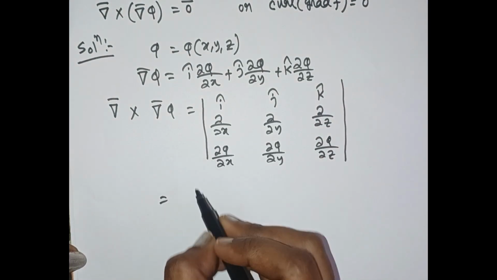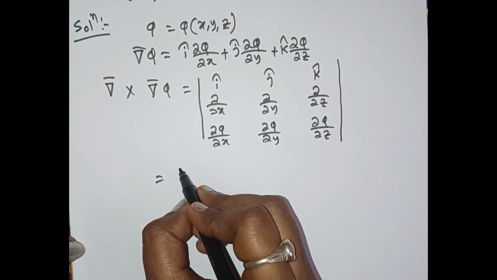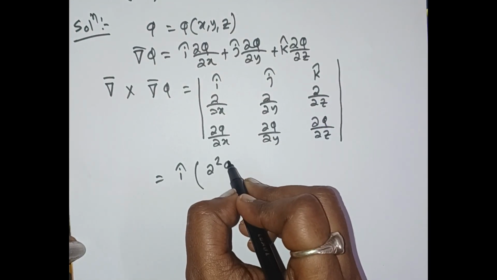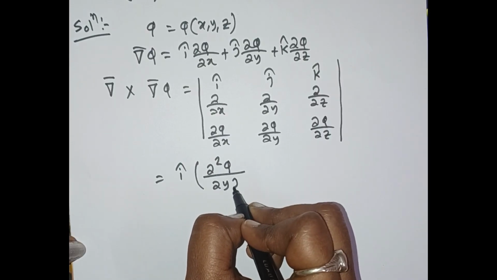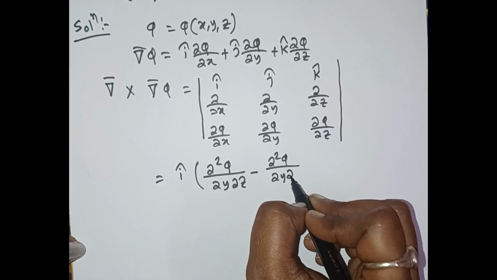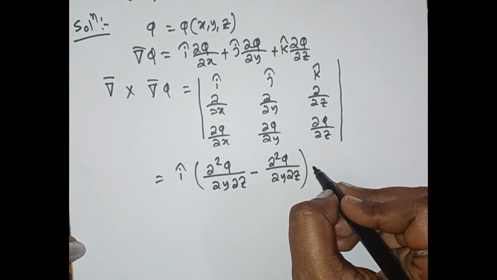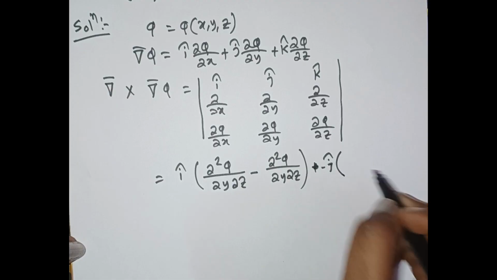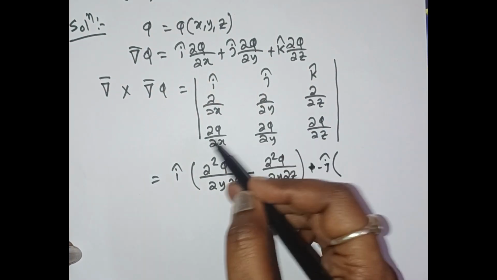So if you find the determinant, then this will be i, these two minus these two, so it will be del square phi del y del z minus del square phi del y del z, plus or minus j with these two minus these two.